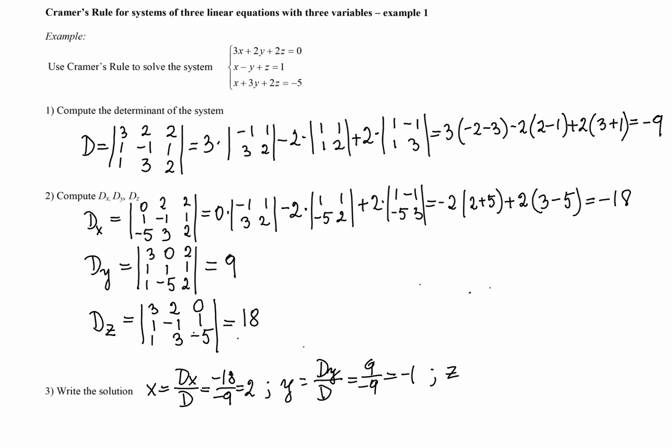And z is dz over d, which is 18 over -9, and therefore that value is -2. And therefore we can say that the solution of that system is the triple of numbers x = 2, y = -1, and z = -2.